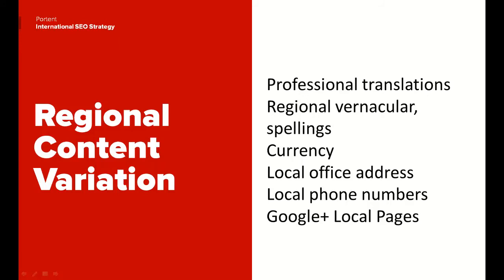You really want to make sure that you're aiming for as unique and high quality as possible when you're thinking about your content. That's why I always recommend getting professional translators who can translate your content into their native tongue, use regional vernacular and spellings, make sure that the currency of that location is the default option, and the local office addresses, if you have them, all of those should be visible on the page.